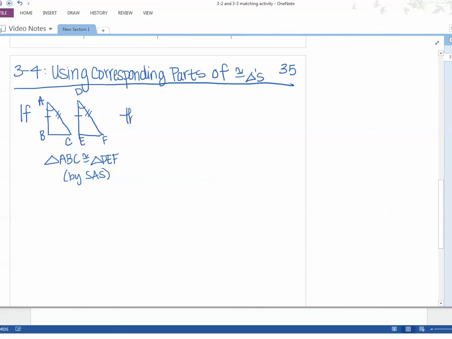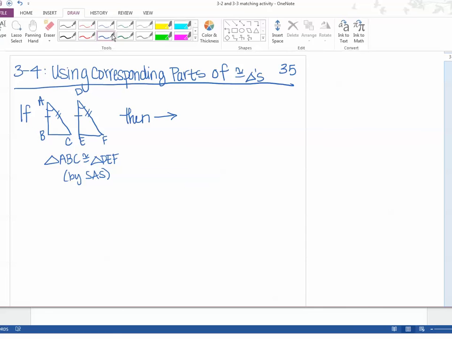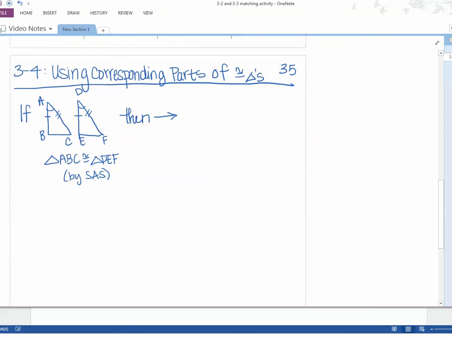So then we can prove other things are congruent, the angles and the sides that weren't marked. So then we can say maybe angle B is congruent to angle E, right?